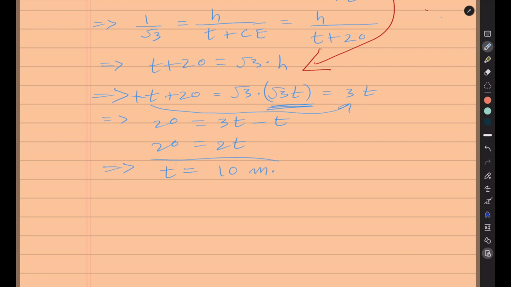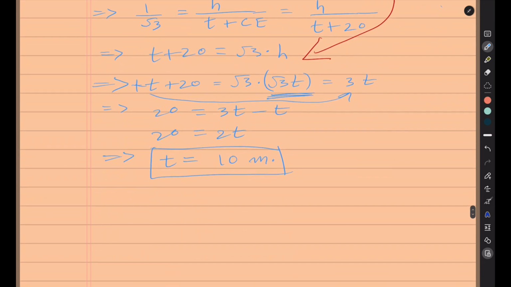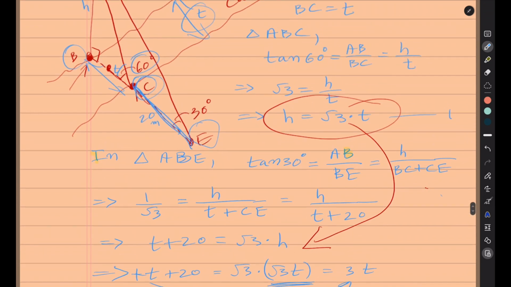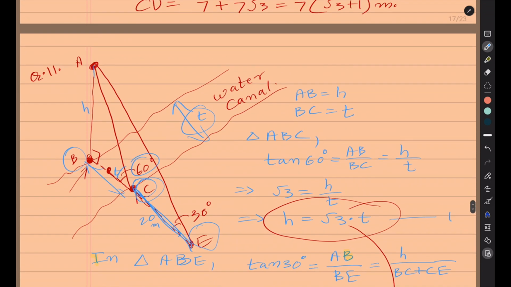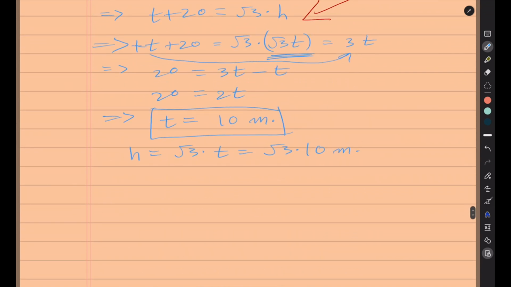And when T is 10 meters, then what is H? H is root 3 times T, that means root 3 times 10 meters. So H was the height of this tower, which is root 3 times 10 meters.